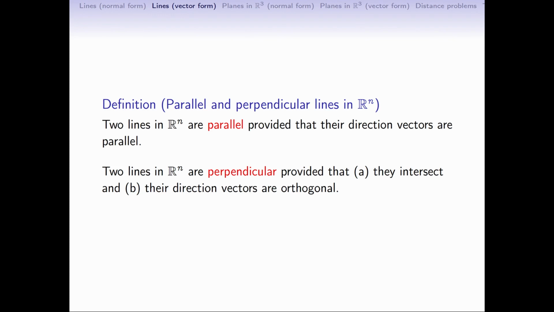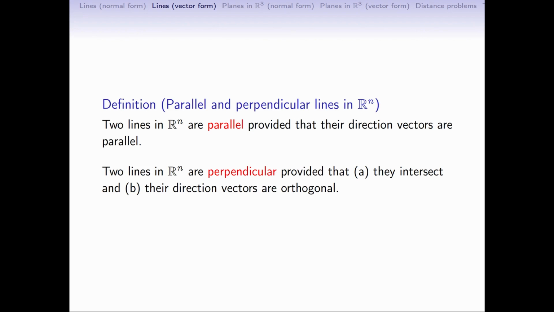So two lines in n-dimensional space are parallel, provided that their direction vectors are parallel. And two lines in n-dimensional space are called perpendicular, provided that A, they intersect, and B, their direction vectors are orthogonal. So we have to be a little bit careful here in higher dimensions once we get beyond dimension 2.